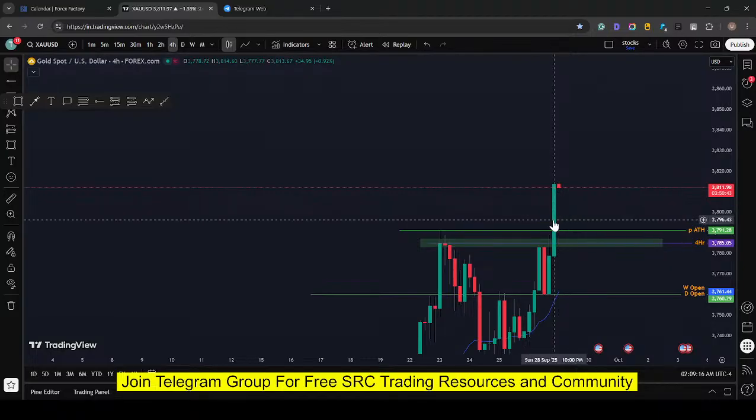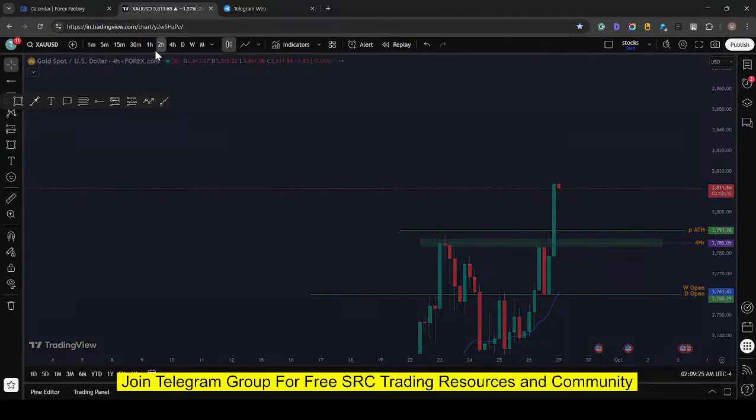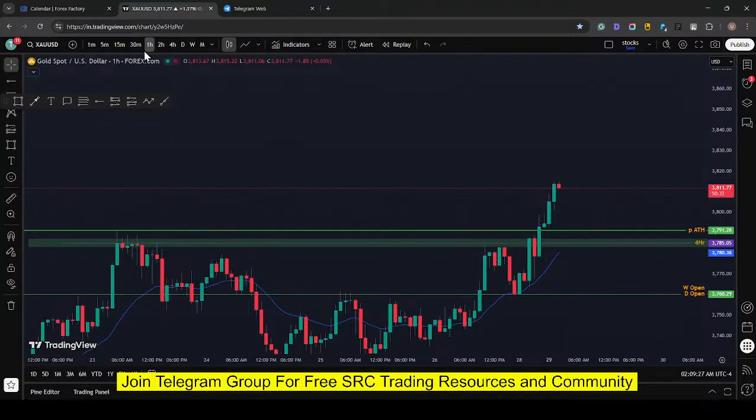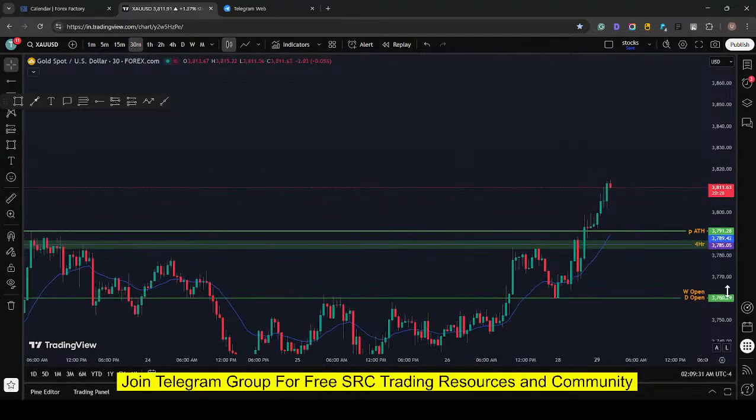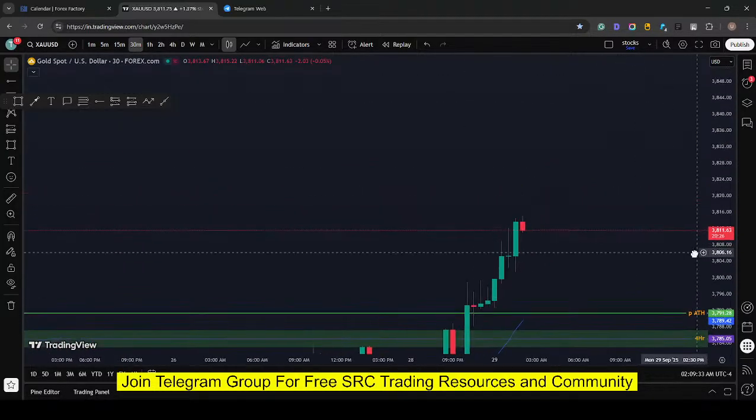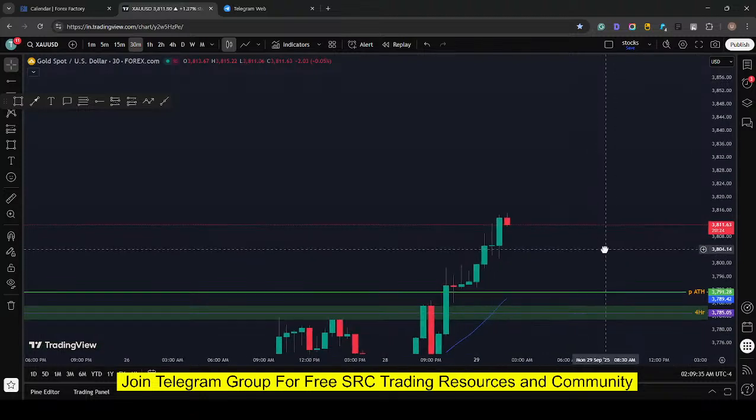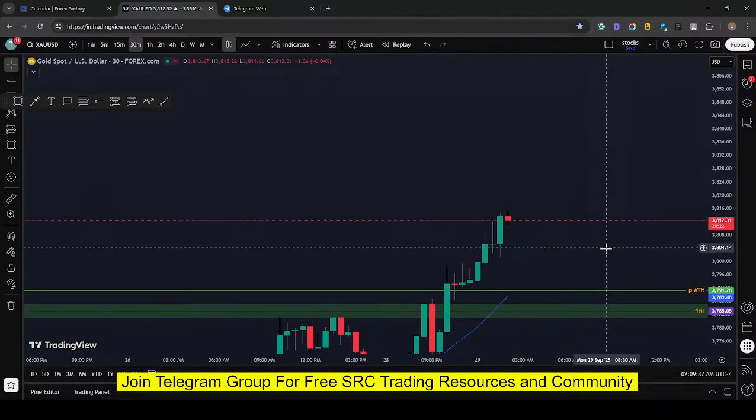So the 4 hour candle closed bullish. If it creates a steeper lower wick and breaks above these highs, we can look for buys, right? So yeah, waiting for a pullback.